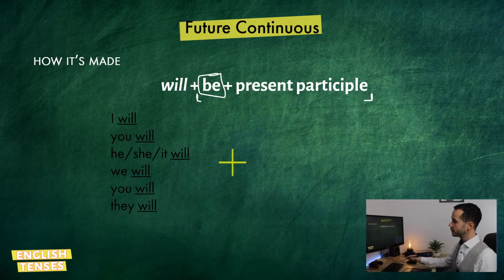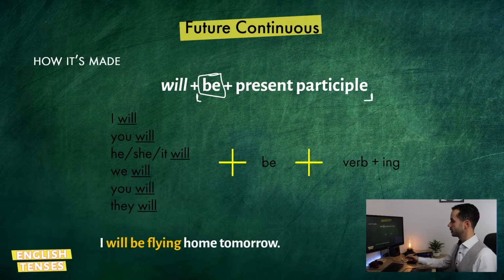So it's always I will plus be plus verb plus ing. So even if you have he, she, it, we don't have an extra s here, and we don't need to change be into something else. So it's always he, she, it will be plus verb plus ing. The same goes for we, you, and they. We don't need to change be into are. It remains the same for be.